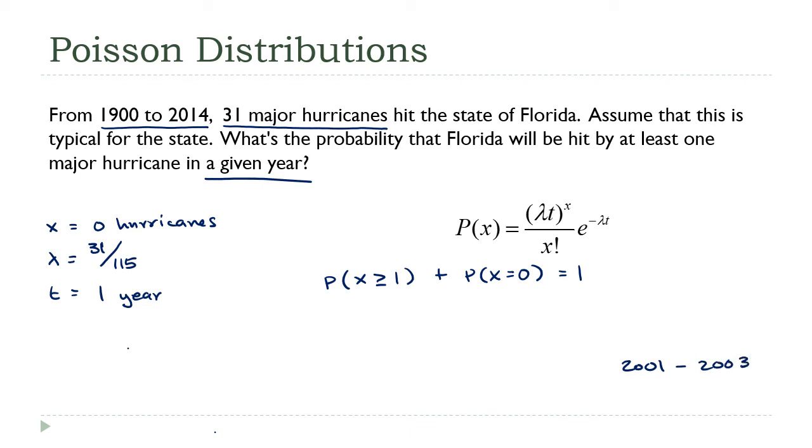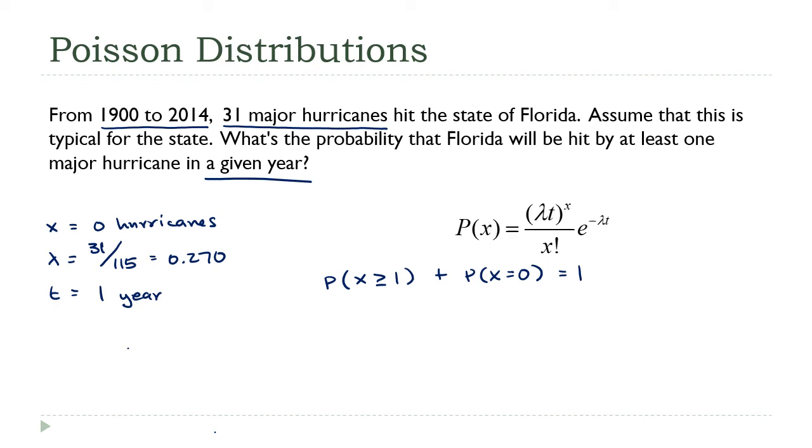If I just subtracted, I would have gotten 2. But this is actually 3 years: 2001, 2002, and 2003. So you have to manually add that first year in. That's why this should come out to 115 years, which makes lambda 0.270.